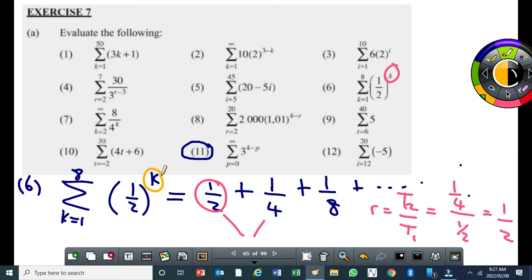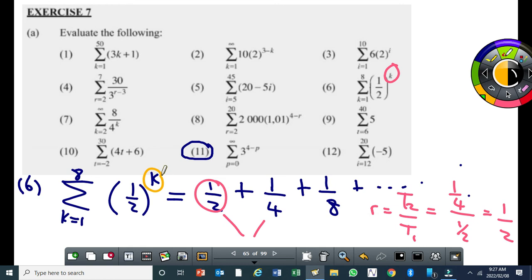Okay, since this k is an exponent, it means we are dealing with a geometric sequence or geometric series. The k is an exponent. Remember, the first day that I introduced the geometric sequence, I told you that it's also called the exponential sequence.